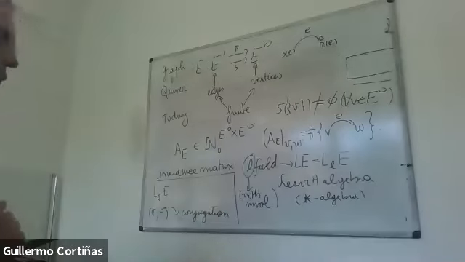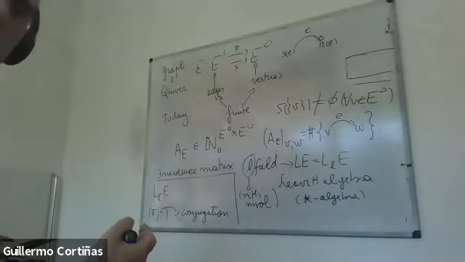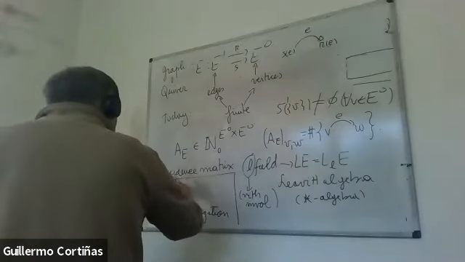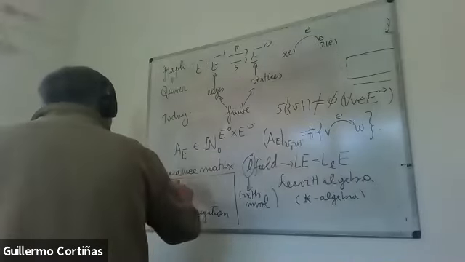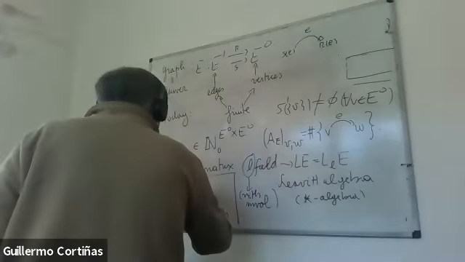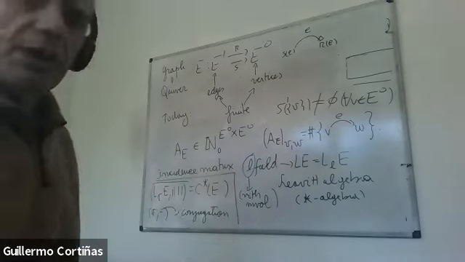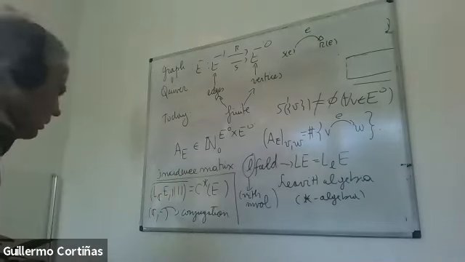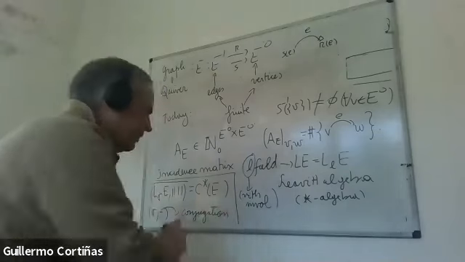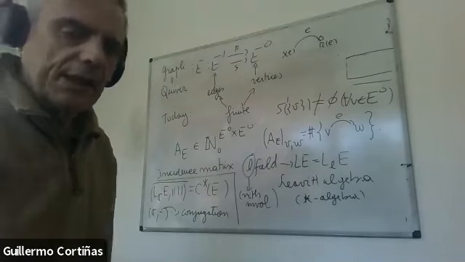That's my involution. Using that involution, you can equip this algebra with a norm, and then take the closure, and this is a C-star algebra, the C-star algebra of the graph. This is called the Cuntz-Krieger C-star algebra of the graph.